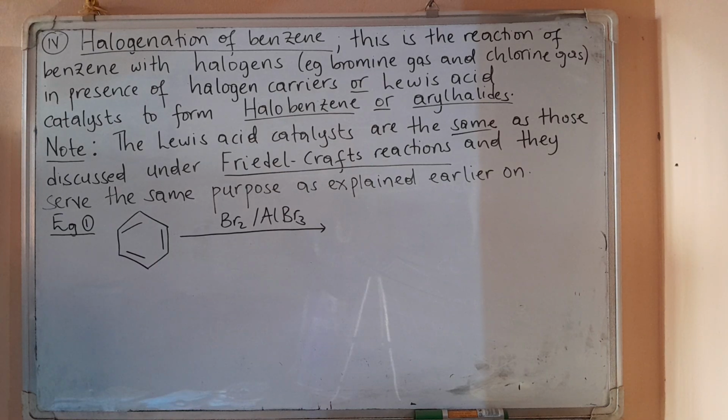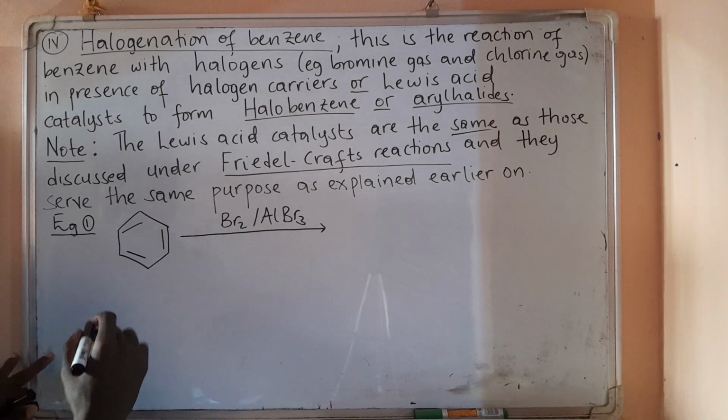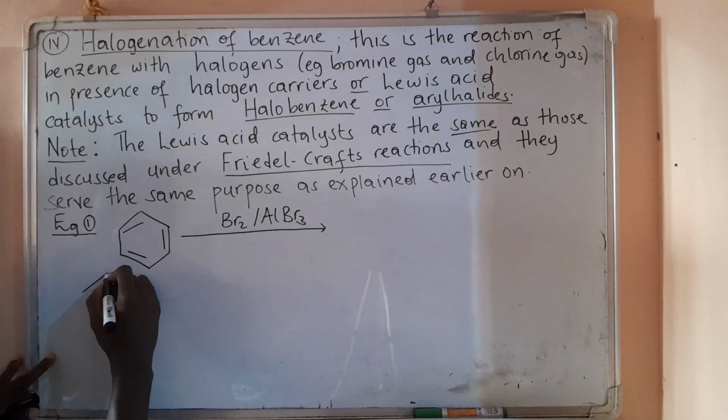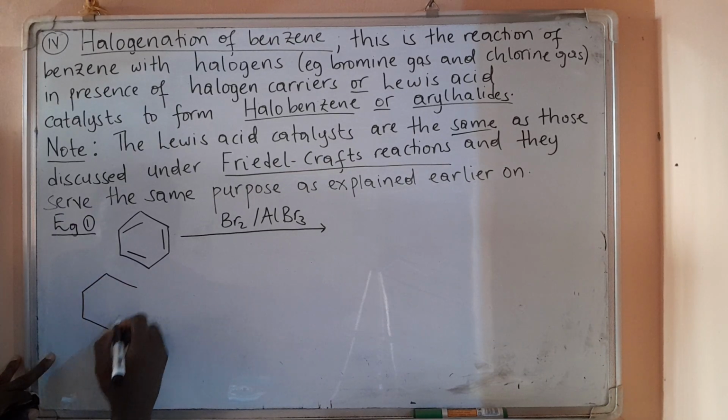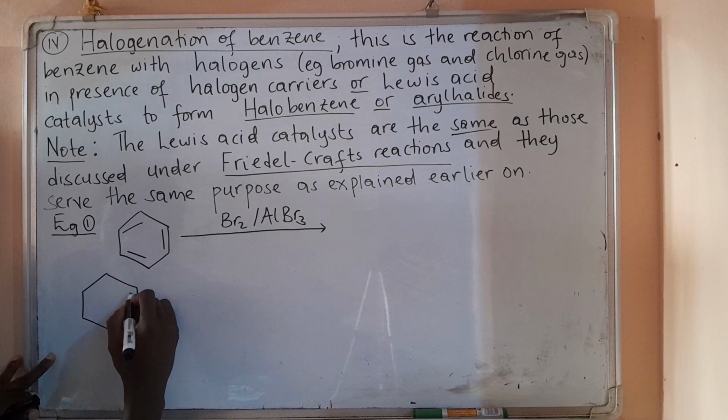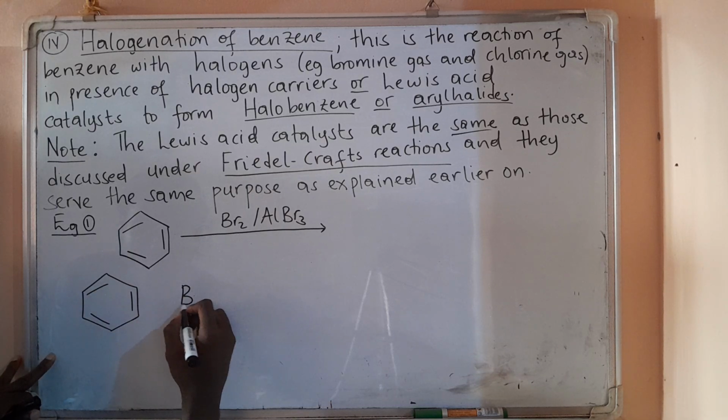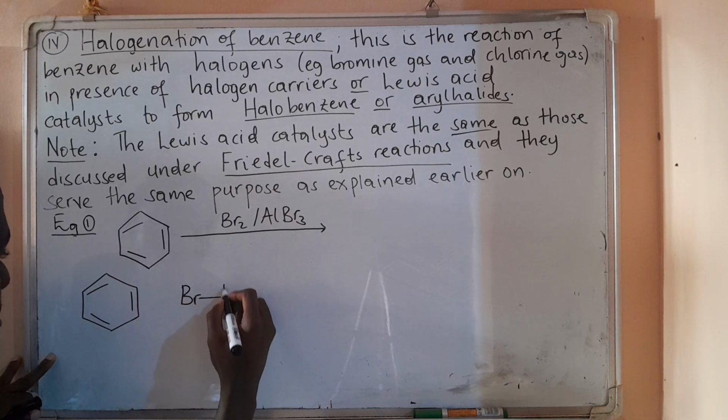The first example, we have benzene reacting with bromine in presence of aluminium bromide. Having highlighted enough examples in part 2 and part 3, the mechanism is the same. So here I'm going to bring my benzene ring reacting with the bromine.